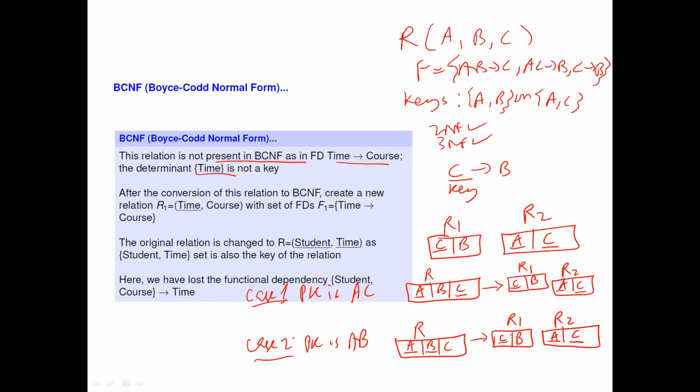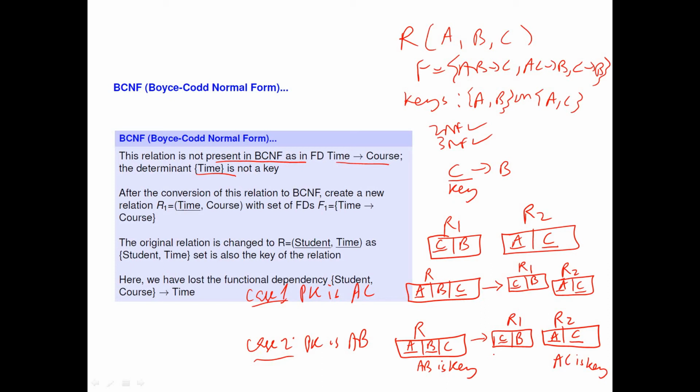Here I can see earlier I considered AB as the primary key, but during the BCNF decomposition I am finding AC as the key. So here the key has been modified, the key has been promoted, right? We have to understand that whenever the overlapping key concept is there, the key may be promoted, the key may be changed. Okay students?